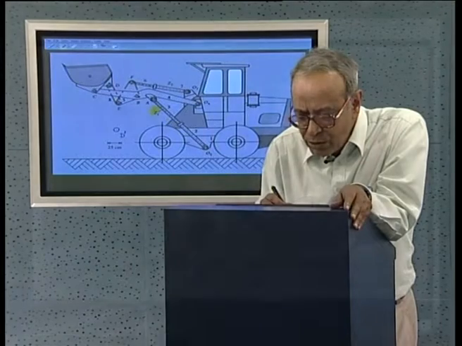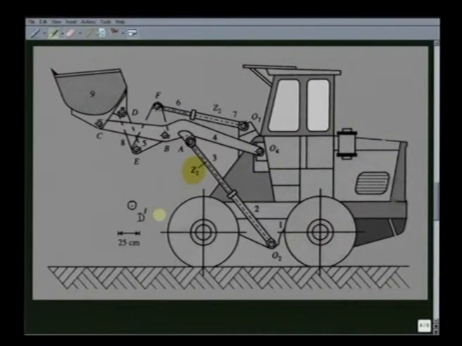Let us now discuss the problem of displacement analysis with reference to this front end loader, the model of which we have just now seen. As we see, there are 2 hydraulic actuators, one named Z1 and the other named Z2. Link number 1 is the body of the truck, and this hydraulic piston cylinder constitutes link 2 and link 3. There is obviously a prismatic pair between link 2 and 3, which is the piston and the cylinder.